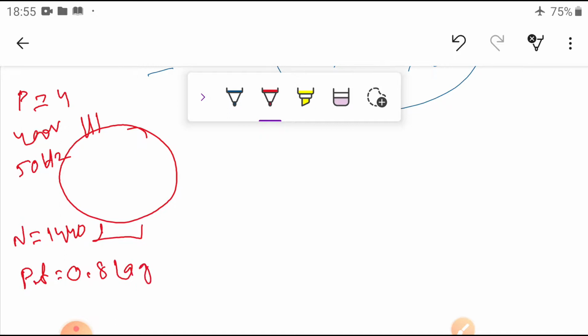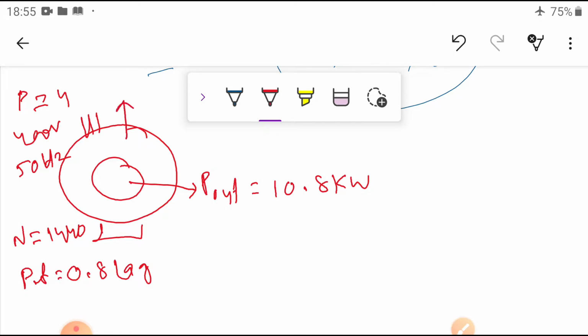And it develops an output, P out, of 10.8 kilowatts. The stator loss is given as 1060 watts; stator loss means copper loss plus iron losses, both together 1060 watts.